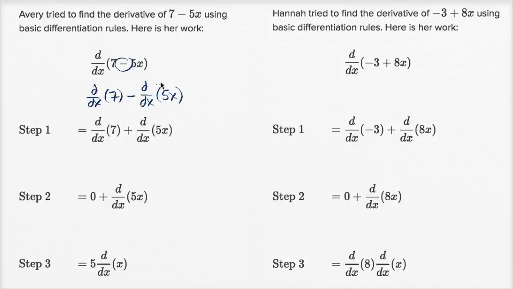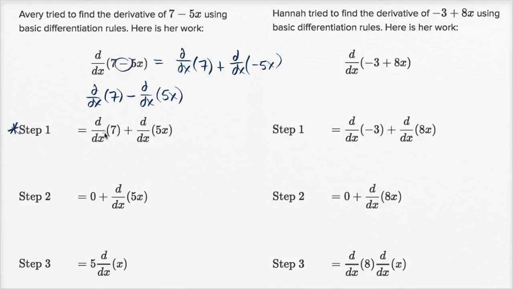We've seen that property. Or she could have said this is equal to the derivative of 7 plus the derivative with respect to x of negative 5x. These two things would have been equivalent to this one. But for this one, she somehow forgot to include the negative. So I think she had a problem right at step 1.